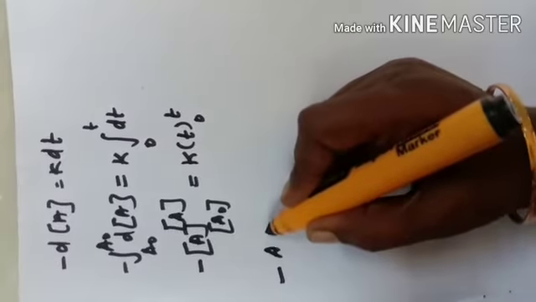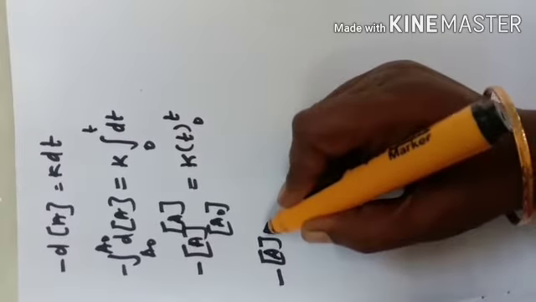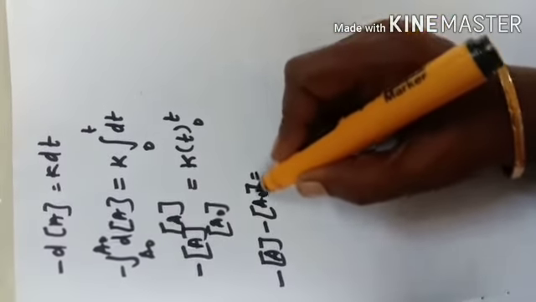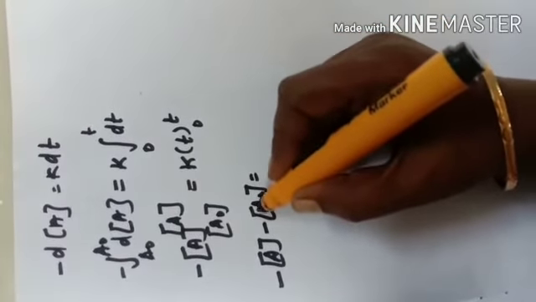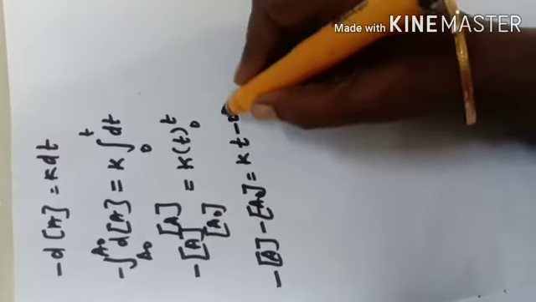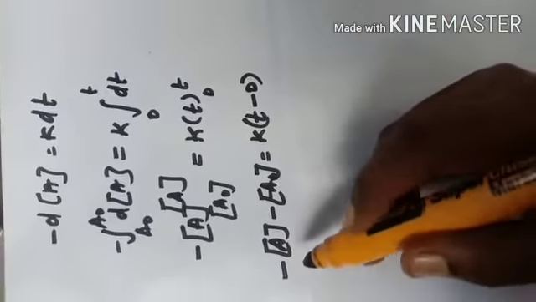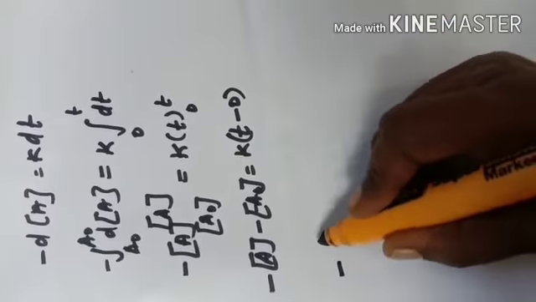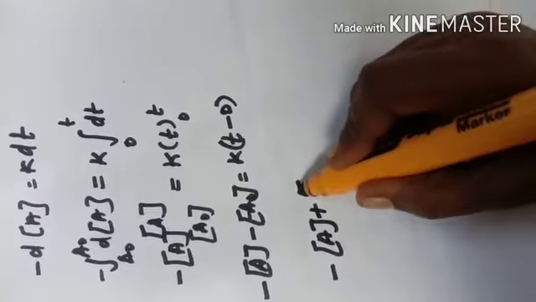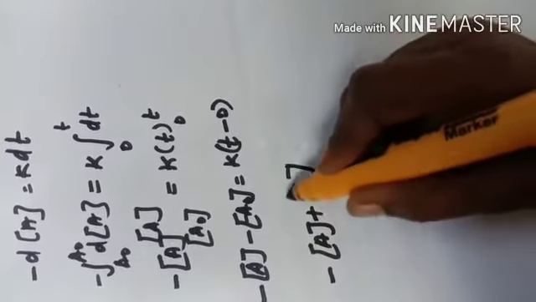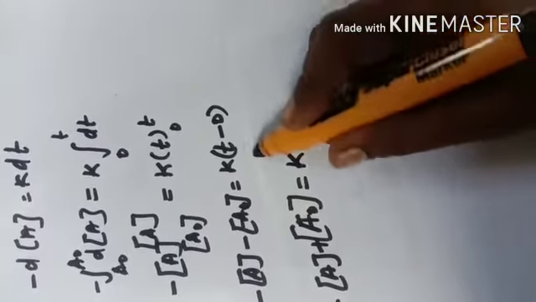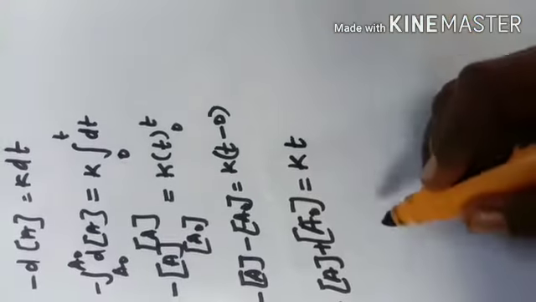Minus A minus of minus A naught equal to k t minus 0. This equation can also be written as minus concentration of A plus concentration of A naught equal to k t minus 0, again it is t.